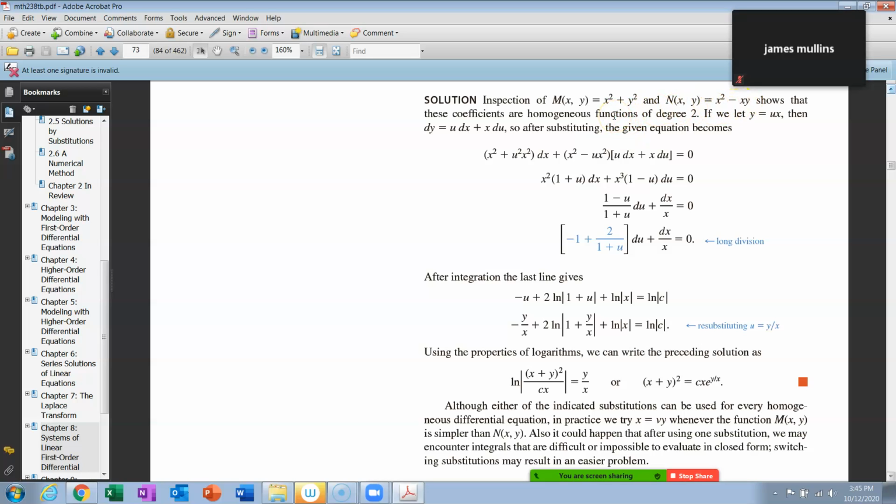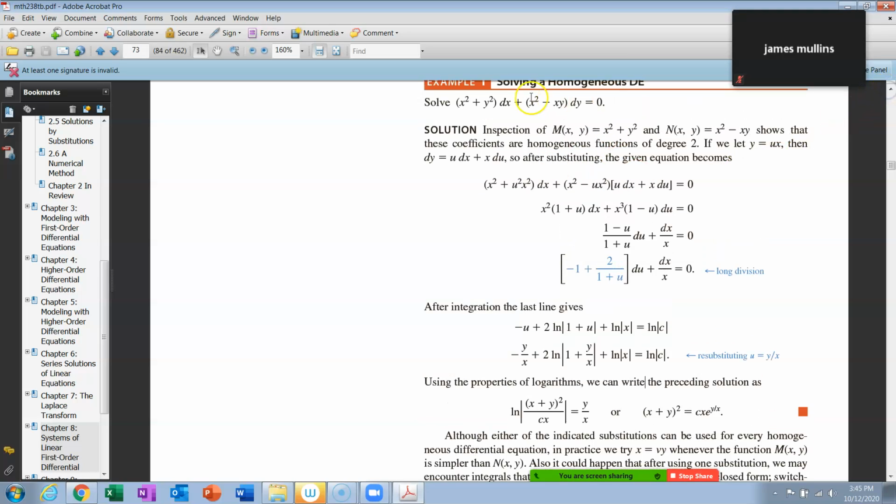It doesn't matter which one you use. But if the m of xy, this one on this side, is a lot simpler than that one, then do the other substitution, x is equal to vy, okay? And that will just make life a little easier, okay?